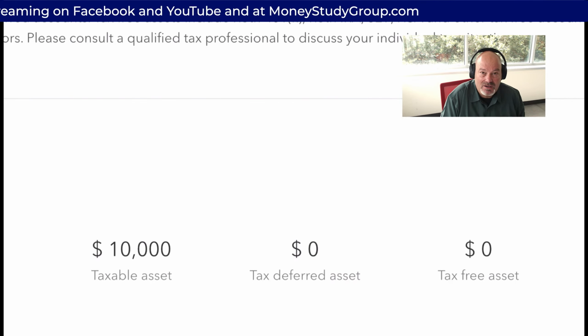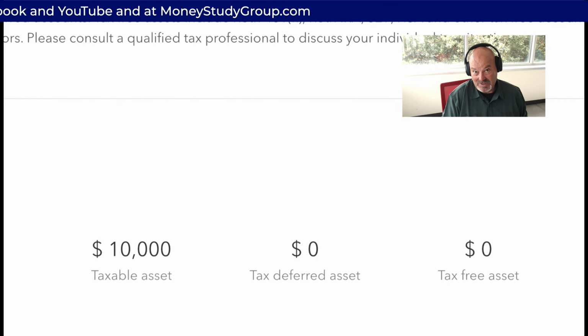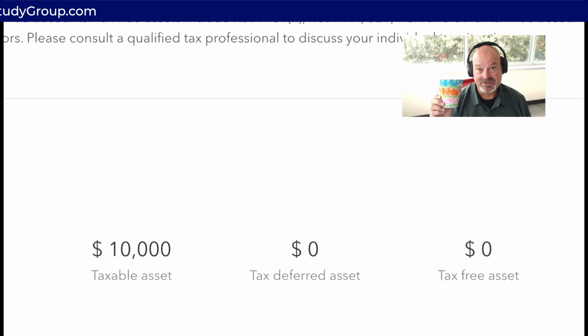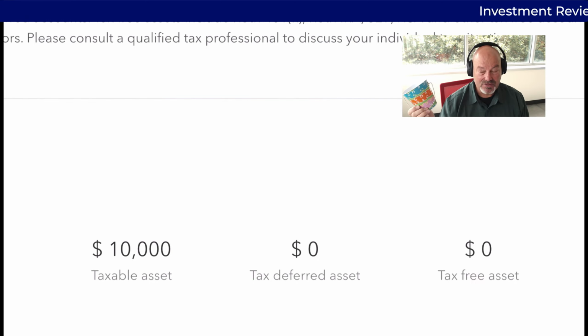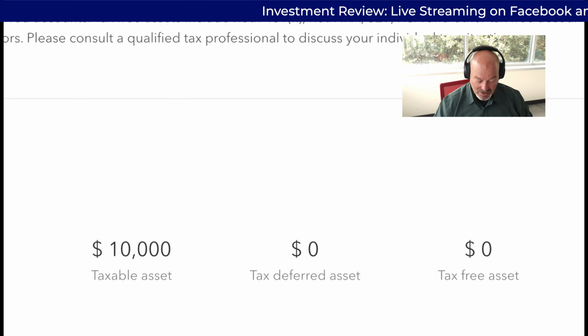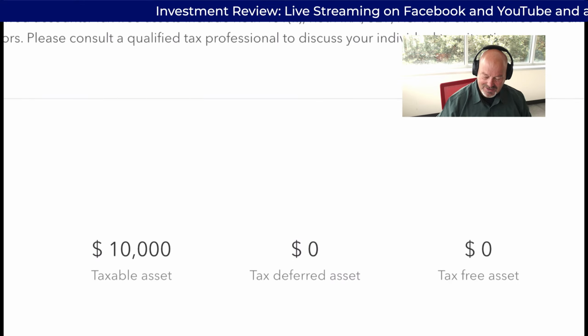I'm just going to be lazy and contribute $7,000 to my IRA. So now the government says I only made $93,000 because I put $7,000 in this one. That makes sense, right?